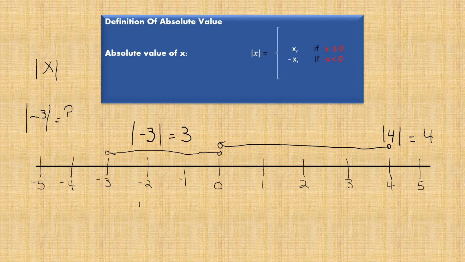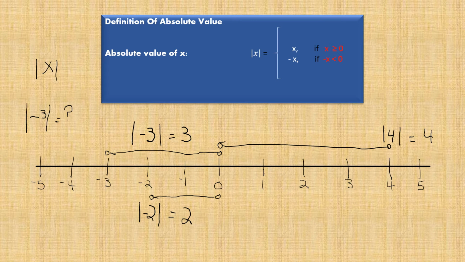Let's put it down here so that it doesn't get cluttered with everything else. The absolute value of -2 is how many units it is from the zero. 1, 2. So the absolute value of -2 is equal to 2. Okay?